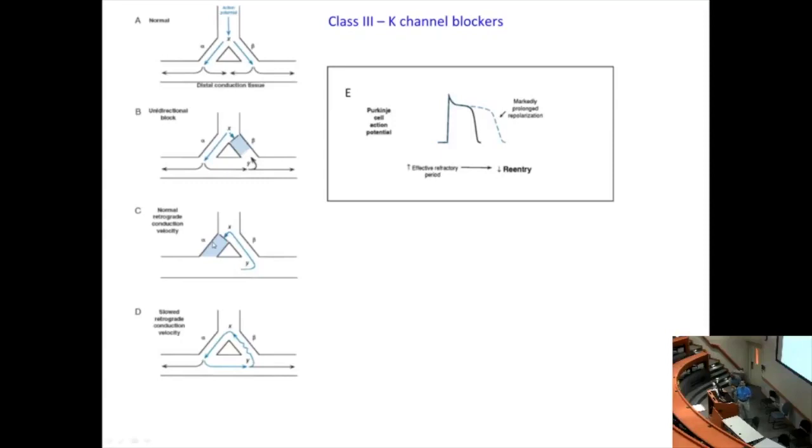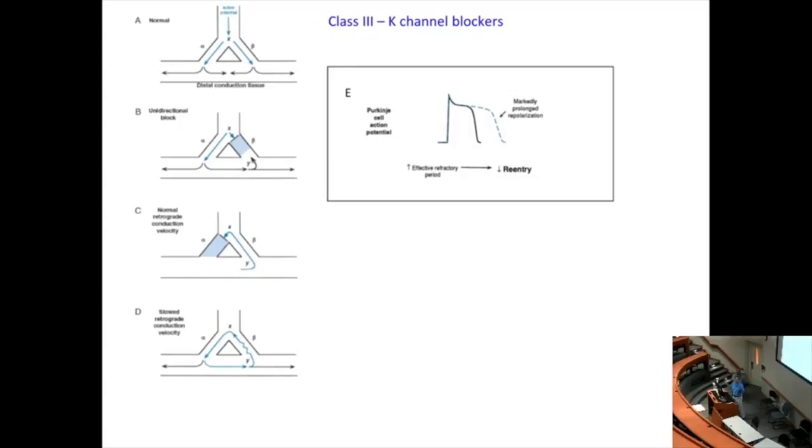So you're lengthening that refractory period. You're lengthening the amount of time that can go by before it repolarizes and can be re-excited. And so even though this beta pathway is slow, maybe you can keep this alpha pathway depolarized long enough to where it'll stop the depolarization and prevent a reentrant pathway, okay?